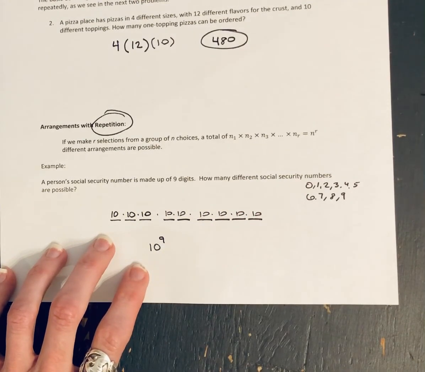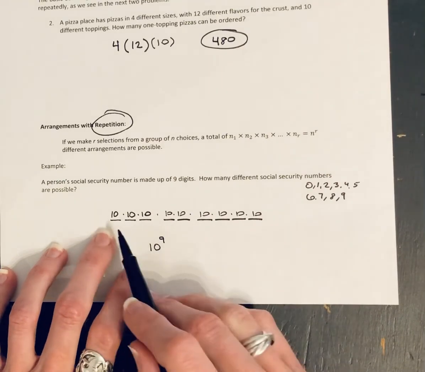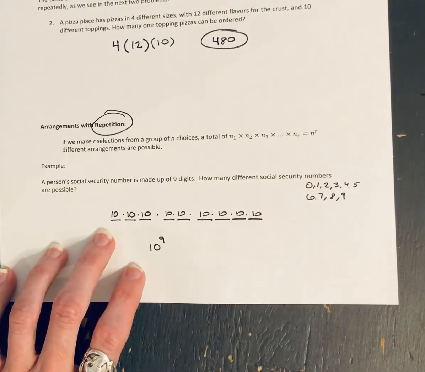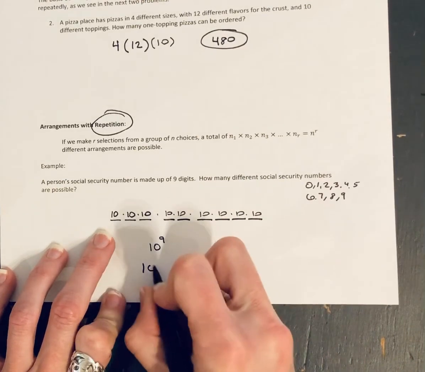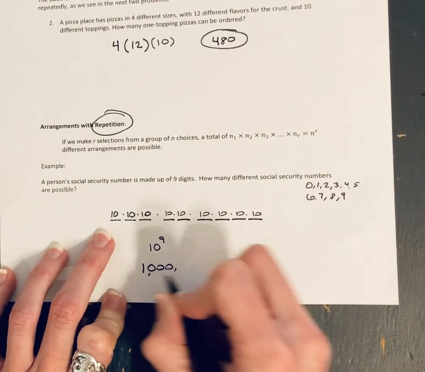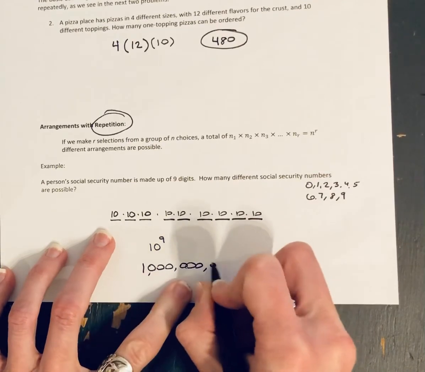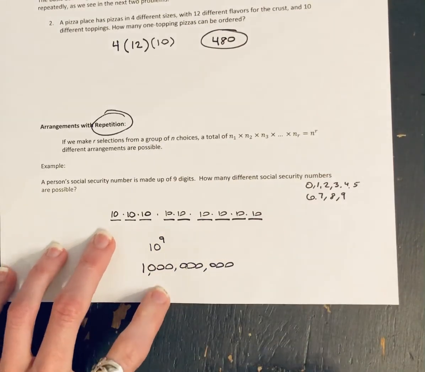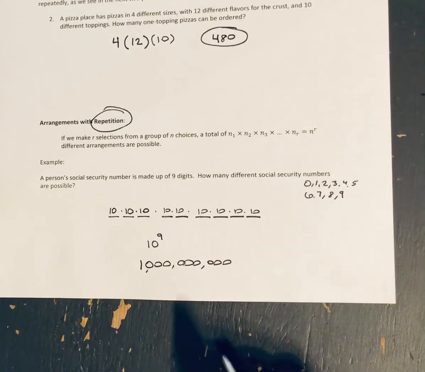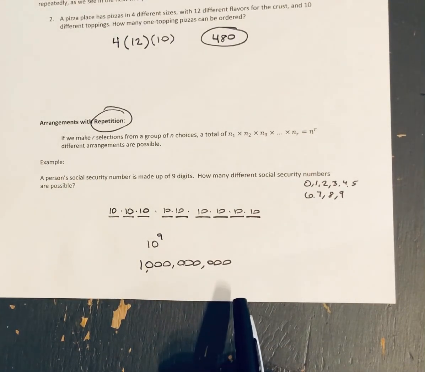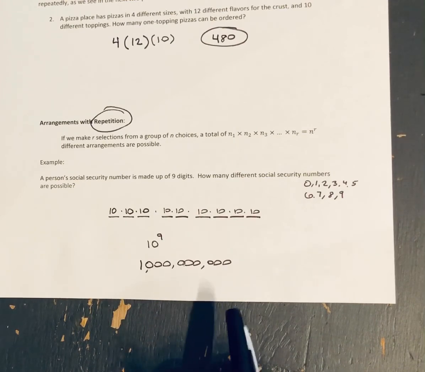So I have 10 choices for each of those 9 positions. Okay. And so we have 1, 2, 3, 4, 5, 6, 7, 8, 9. Okay, so we have a billion choices there for the number of possible social security numbers.